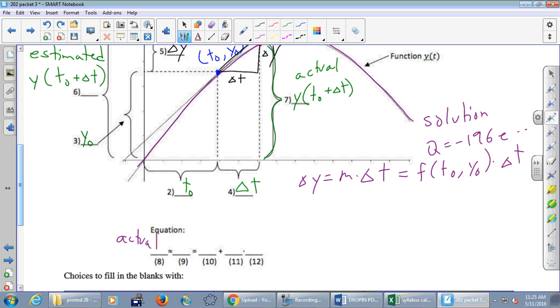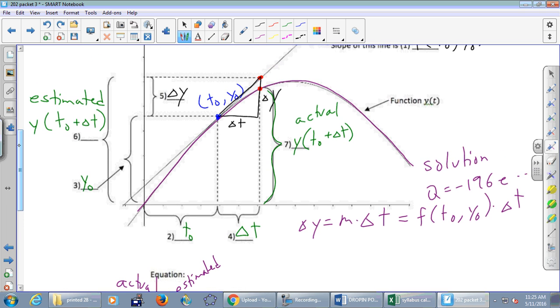It's just numbering it. Okay, so instead of actual, which we can't get our hands on, we're going to write a formula for the estimated. So that's here in blank number 9. And to get the estimated value, what we are going to do is add this number 3 and that number 5. Buy it? The estimate here is just the value of 3 plus the value of 5. Yes? Okay, so let's write that here.